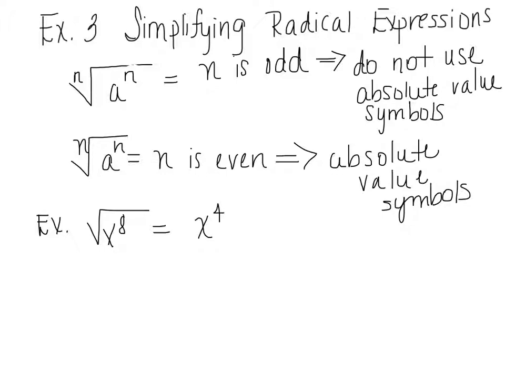So usually we would need absolute value bars here. But because the 4 will make it a non-negative number, then you don't need them. It makes it non-negative.